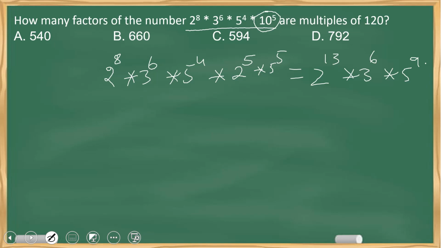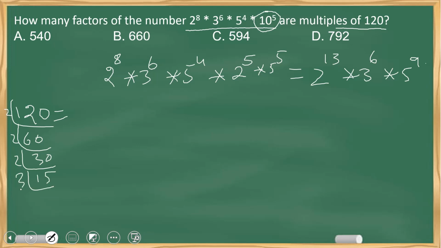Now there is an important point here. All the factors of this number should be multiples of 120. So you need to take 120 common and then find the number of factors. How to take 120 common? For 120, what do you need? Factors of 120 again. So how can you do this? 2, 60; 2, 30; 2, 15; and 3, 5 times.